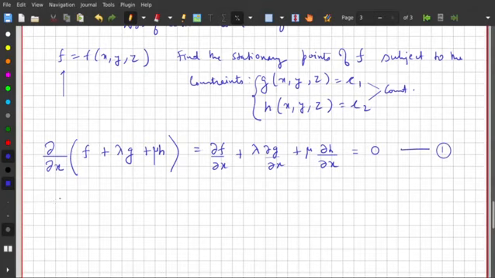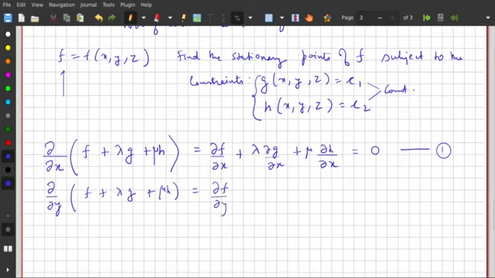Similarly, we can write expressions in the y and z directions. Partial with respect to y of f plus lambda g plus mu h becomes partial f partial y plus lambda partial g partial y plus mu partial h partial y equals 0.